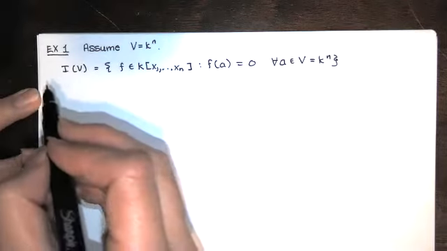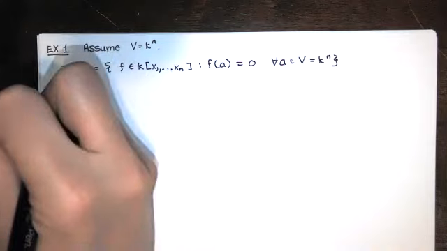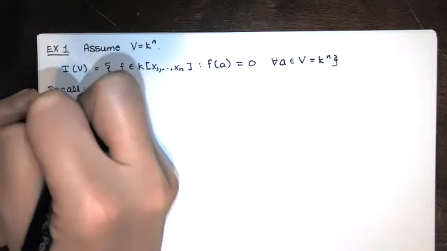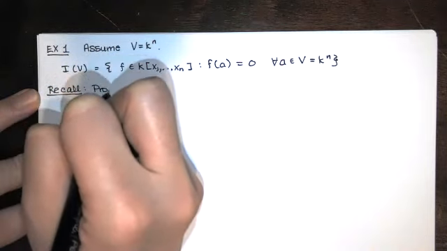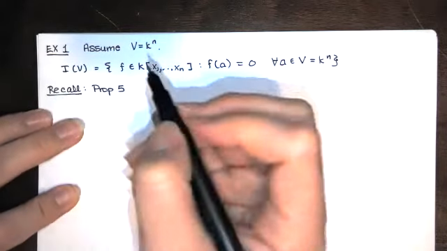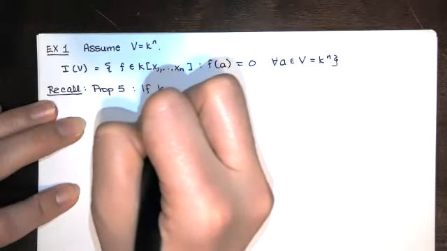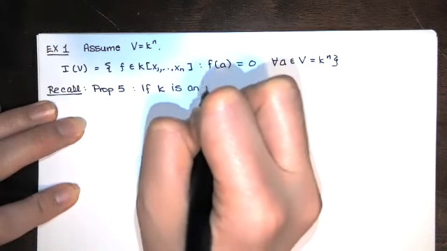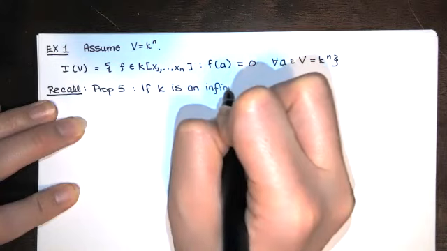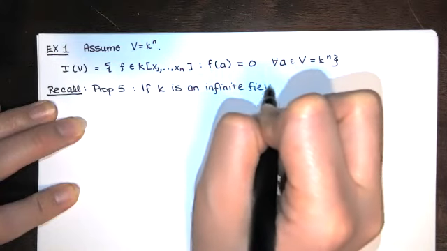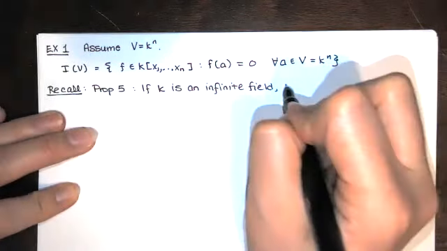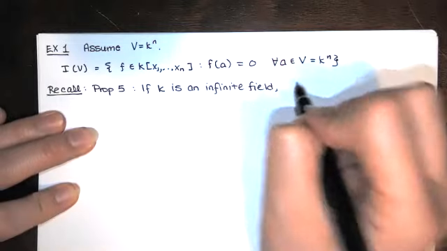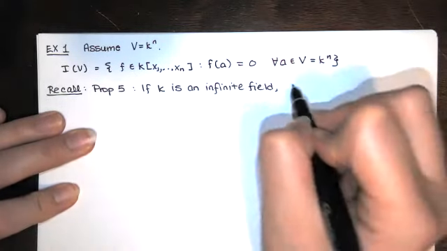Now, remember what we talked about earlier, we had this proposition we called proposition 5. It said that if K is an infinite field, then the following are equivalent.